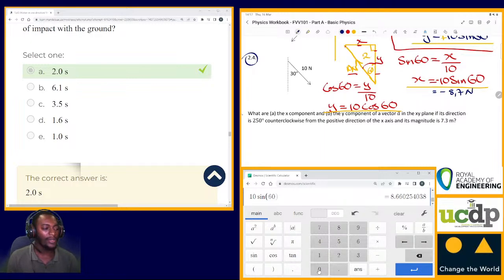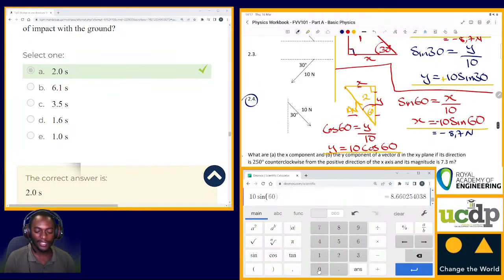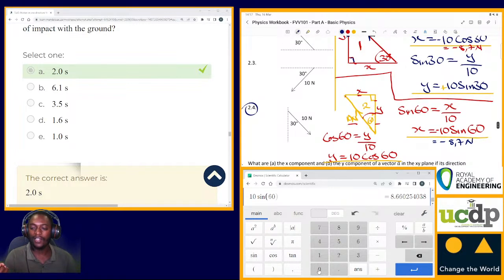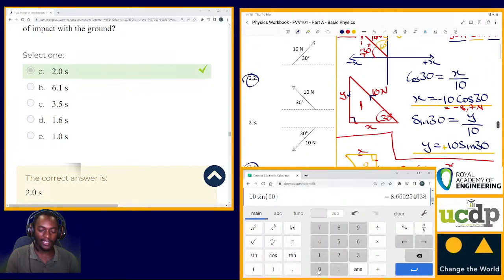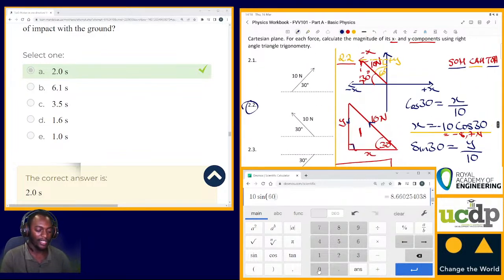All right. So what's the point? The point is, no matter which triangle you use, you will still get the same answer, as long as you have used the correct angle for the triangle that you have chosen. Do you realize that?